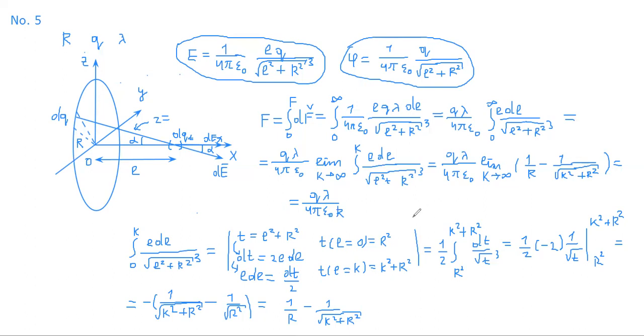Okay, do you have any questions about this? No questions. Okay, if you don't have any questions, the next homework will be number 2 and number 3 from electricity and magnetism.